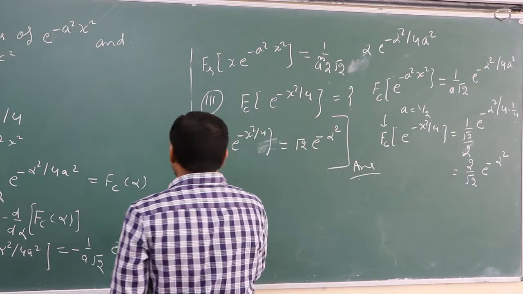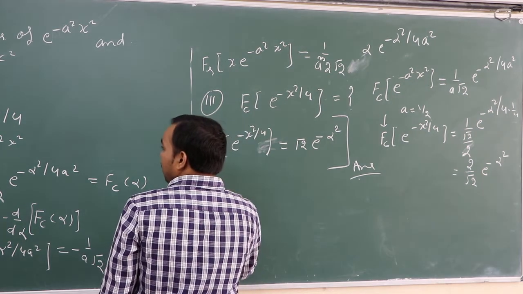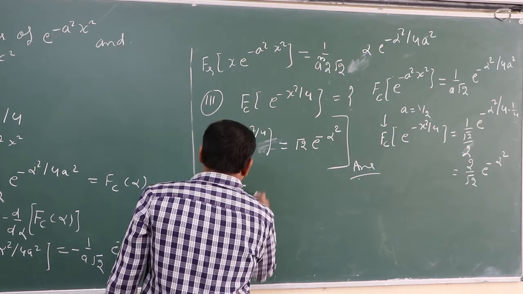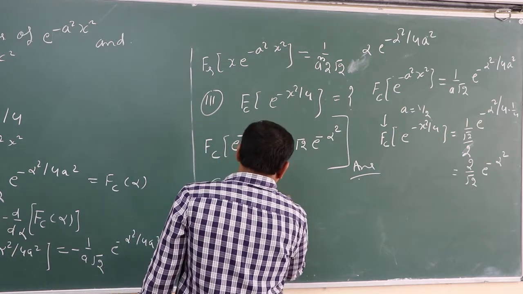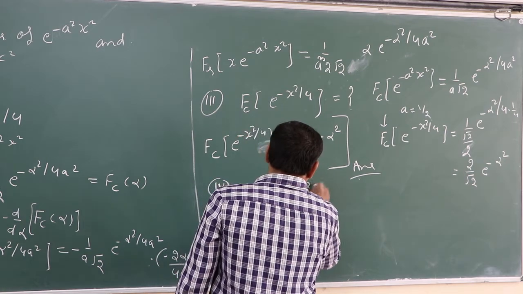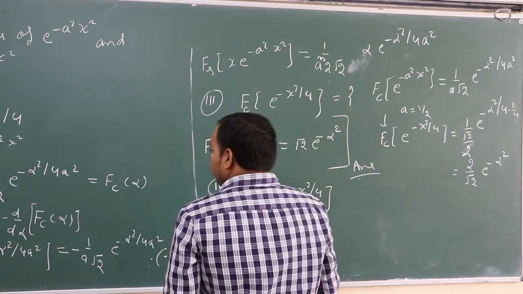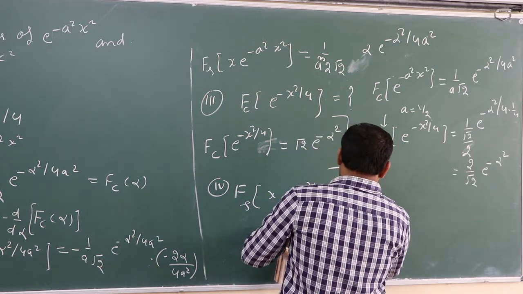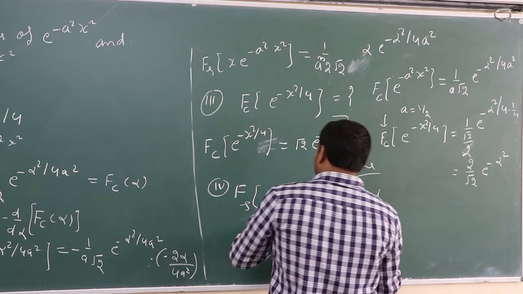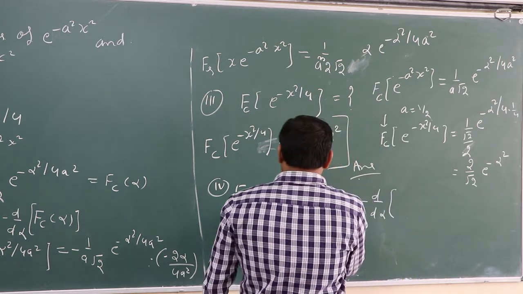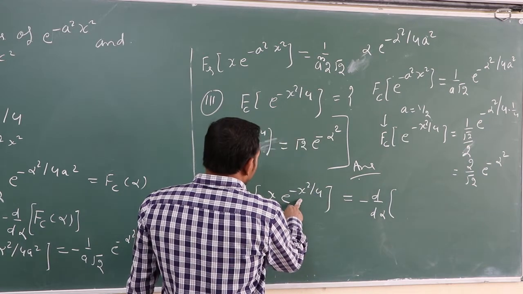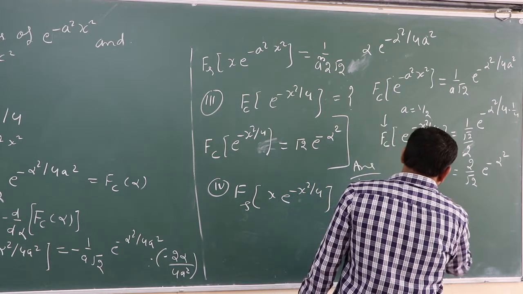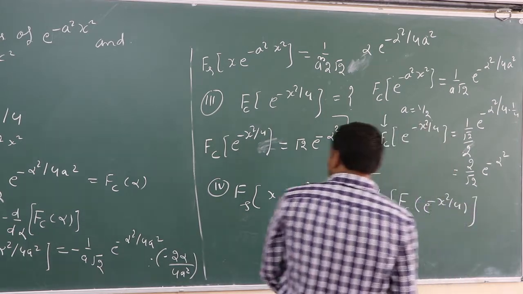The solution of the last one: find the Fourier sine transform of x e to the power minus x square upon 4. Simply write this as minus d upon d alpha of the Fourier cosine transform of e to the power minus x square upon 4.